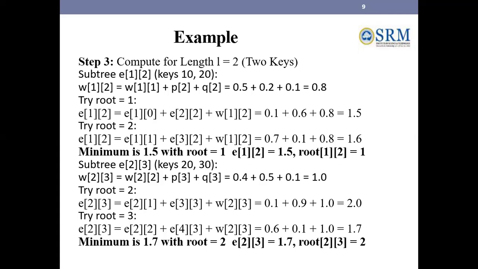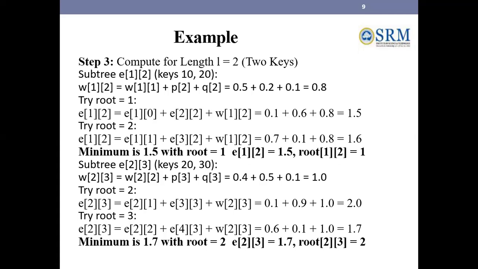Next, we are taking another option, 2, comma 3. We are taking the next two keys, 2 and 3, that is 20 and 30. So we find the W value by using the formula, and we are going to try root node 2. Assign root node as 2, find out the cost value. Then assign root node as 3, find out the cost value. So which is minimum? 2.0, 1.7.